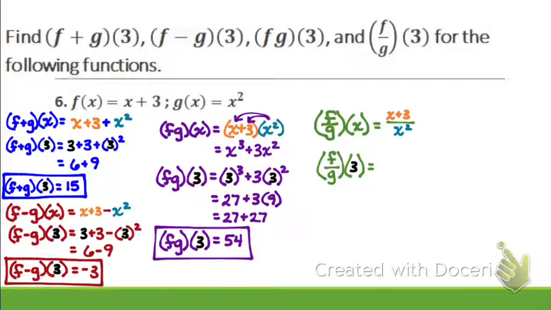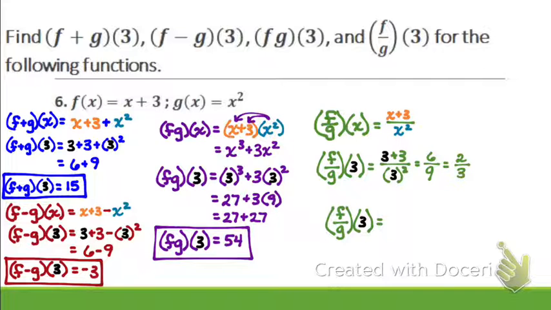So up in the numerator, I would have 3 plus 3. And down in the denominator, I have 3 squared. So 6 over 9. Will that reduce at all? Reduces down to 2/3. So f over g of 3 is equal to 2/3.